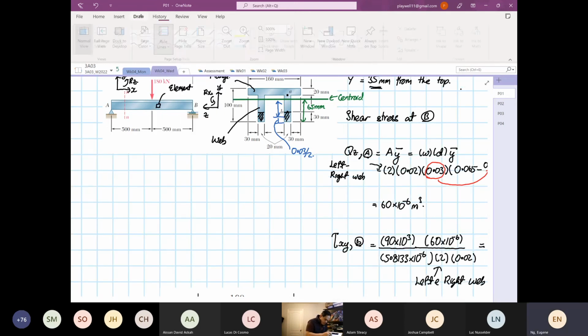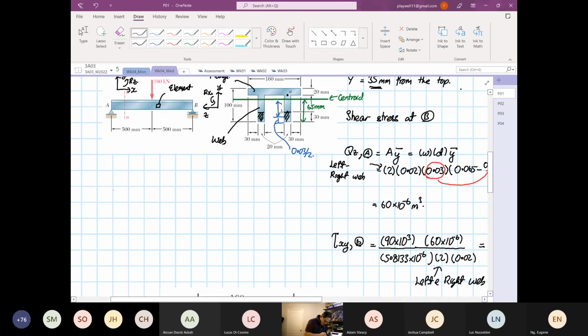So this is our X, Y, and Z. We draw the element.